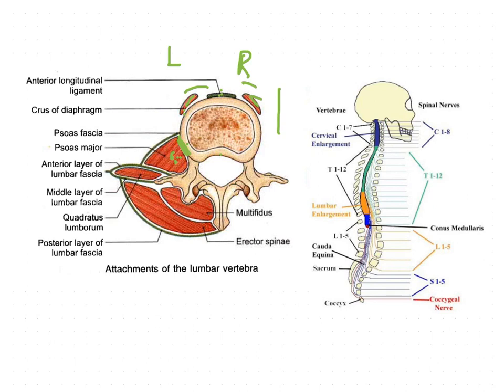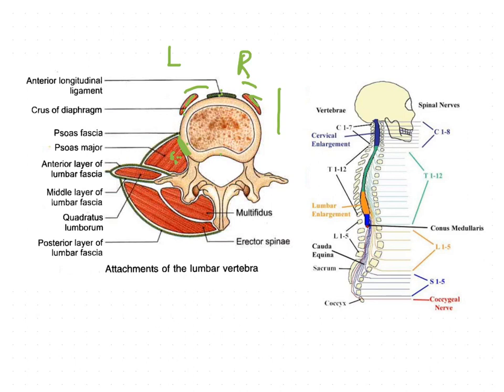Here you can see the body, and these are the pedicles, isn't it? And over this is the constricted part of the body, where the lumbar vessels and the gray rami communicantes from the sympathetic chain will pass deep to these tendinous arches.